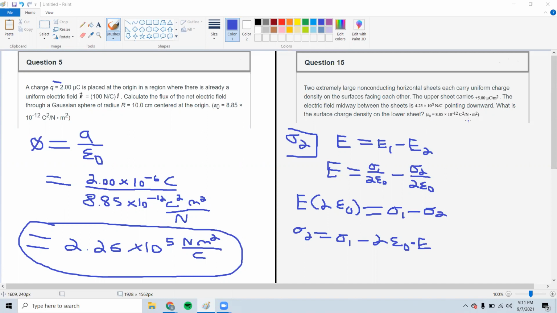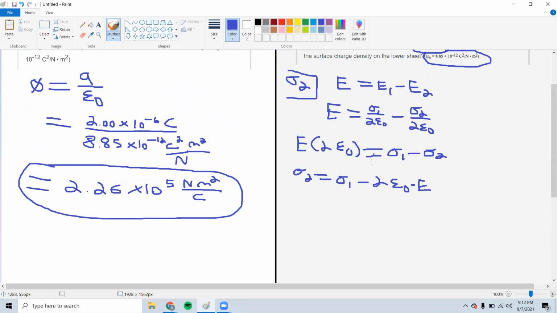So sigma sub 1 is +5, the value of E is 4.25 times 10 to the power of 5, and the electric constant is 8.85 times 10 to the power of -12. That covers each of these variables.